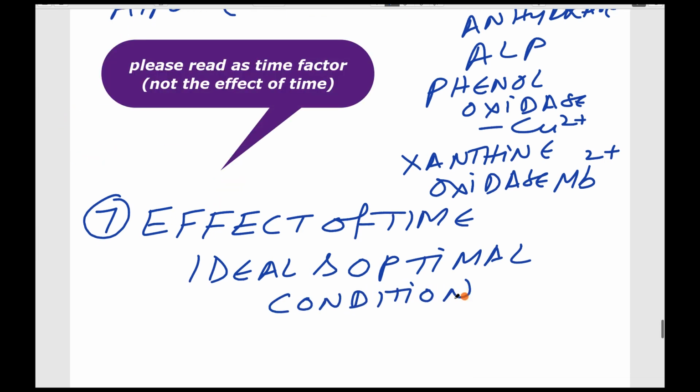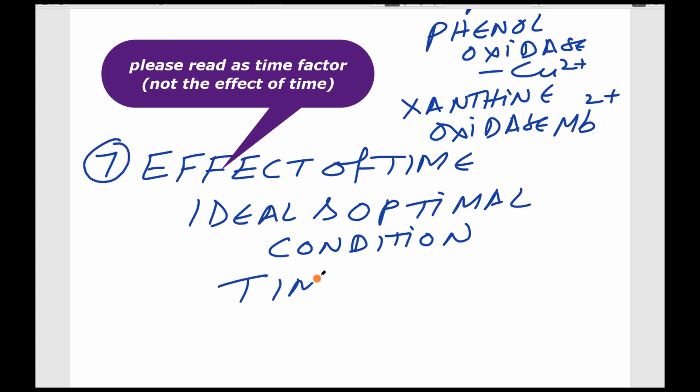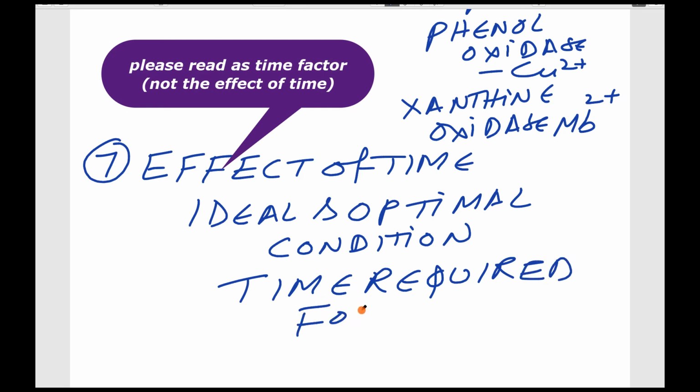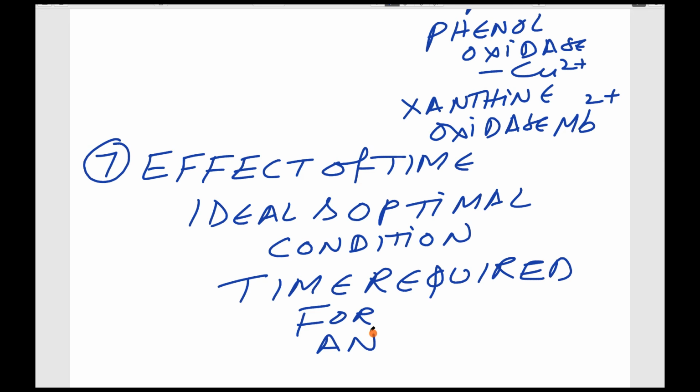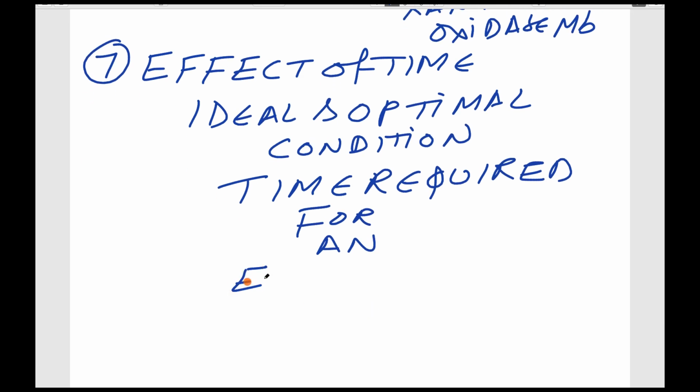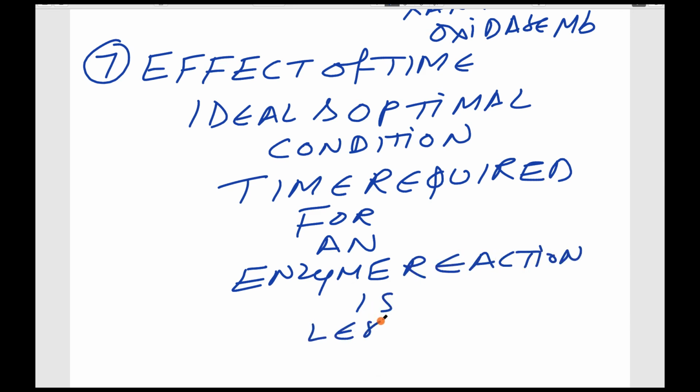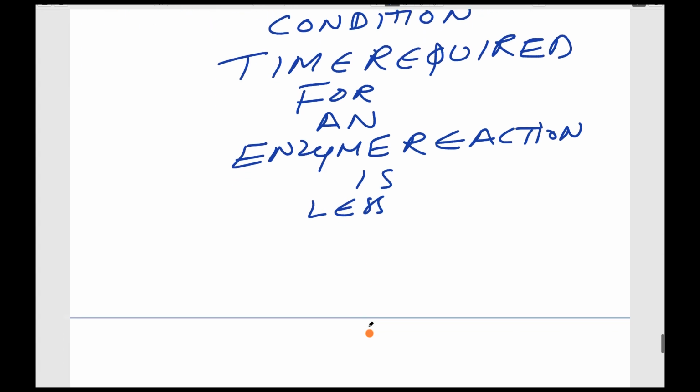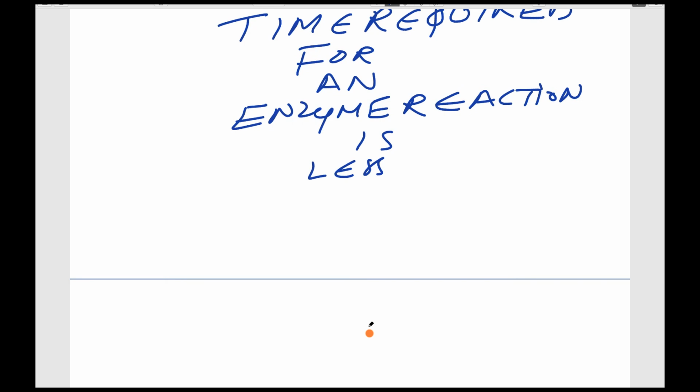In that condition, the time required to complete the enzymatic reaction is very low. If any of the factors are not present in the required quantity, then more time will be taken. That means optimum conditions will increase the enzyme reaction so that less time will be taken.